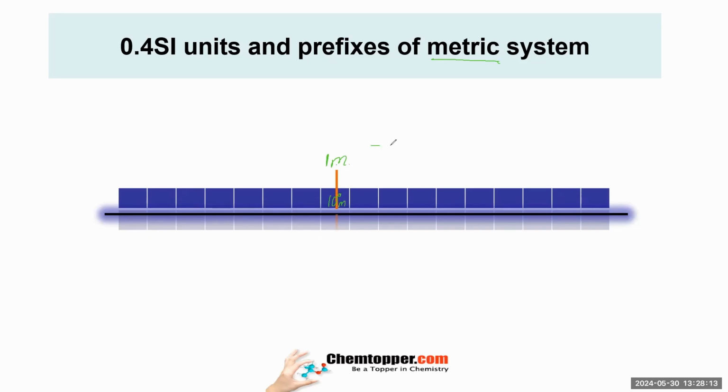Now on the right side, I'll convert that into smaller units, meaning the measurements which are smaller than 1 meter. And on this side, I'll take bigger units, the measurements which are bigger than 1 meter, by using prefixes in front of the meter.